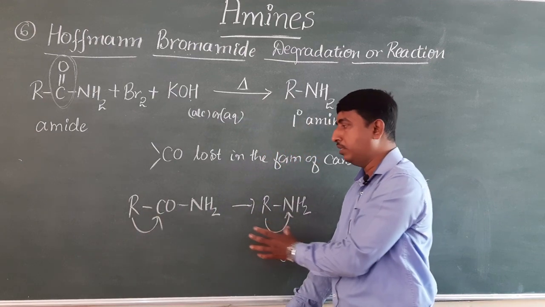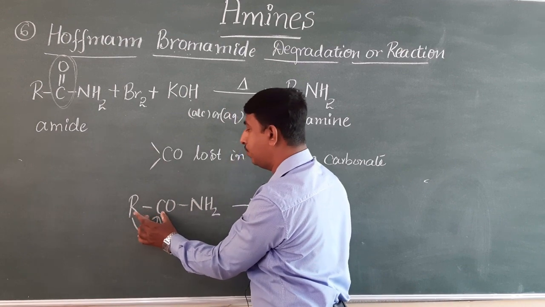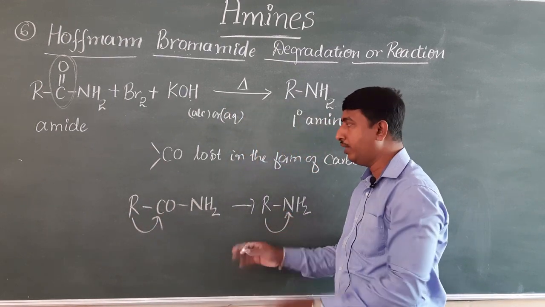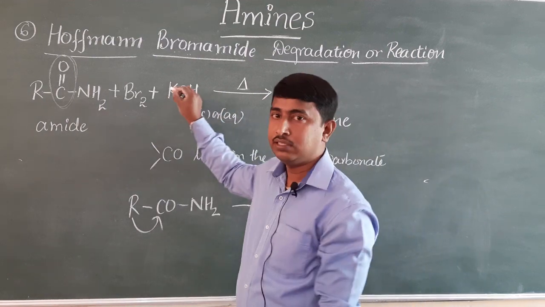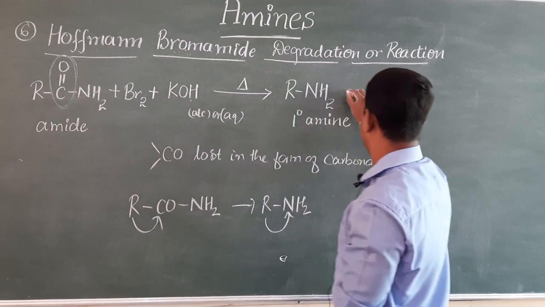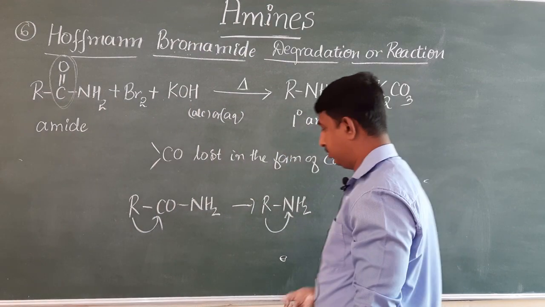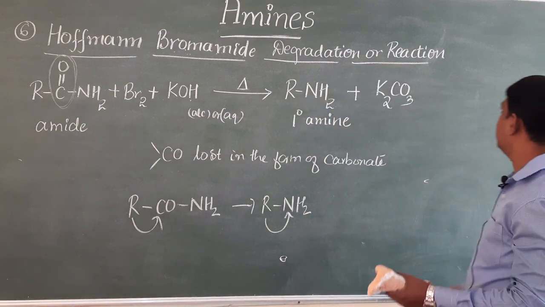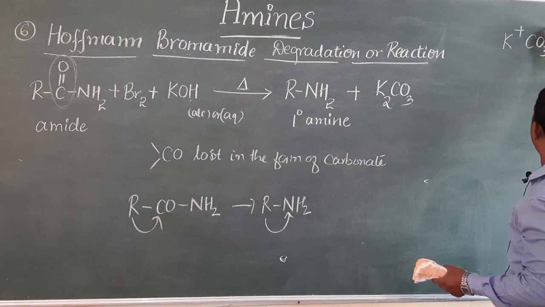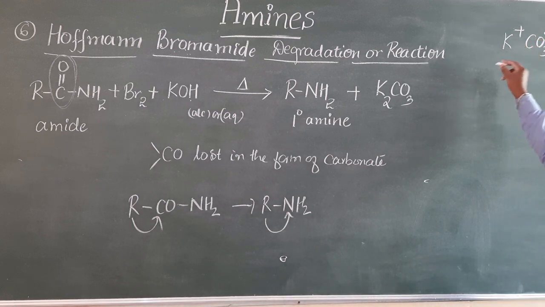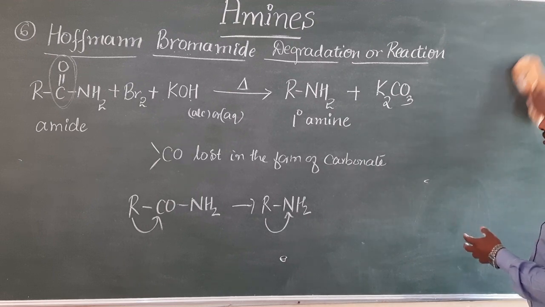The CO is removed in the form of carbonate. Since we are taking potassium hydroxide, it is removed as potassium carbonate: K plus, CO3 2 minus, cross multiply, K2CO3.